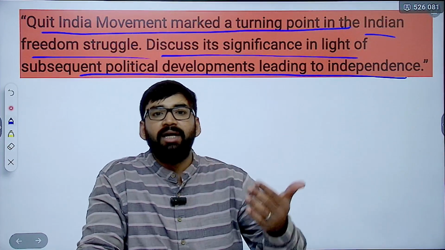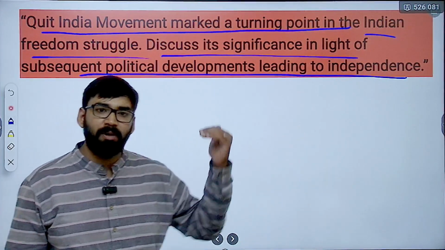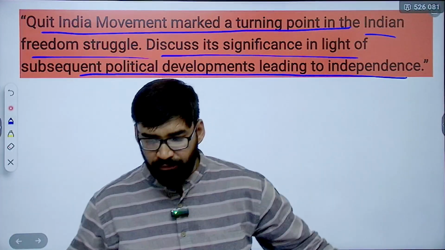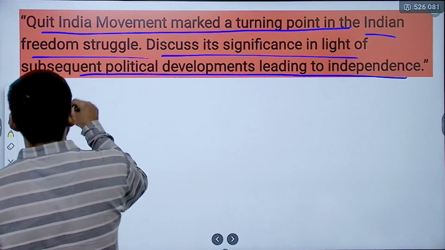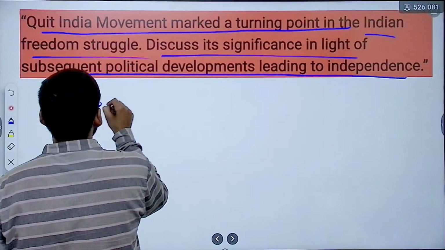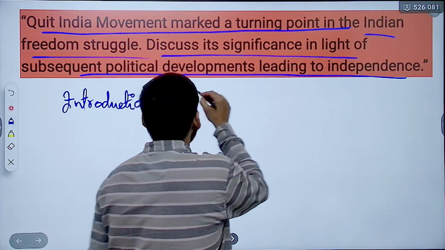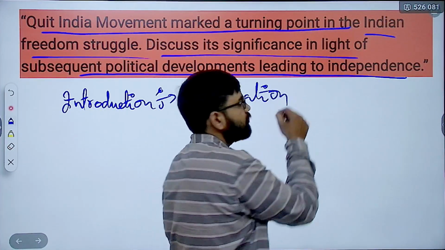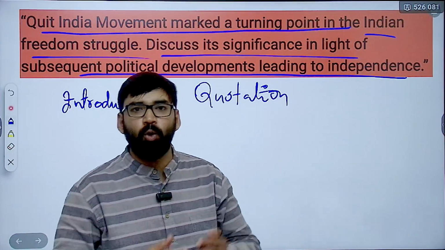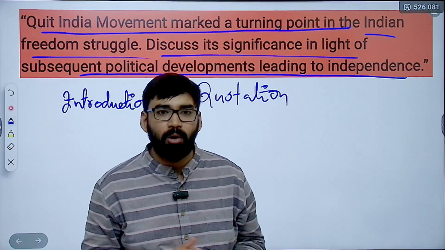So how will you write? It is very easy. We have discussed everything from Quit India till the freedom struggle. So first of all, you have to mention the introduction. What are you going to write in the introduction? You can start with a quotation. You have so many quotations for your best presentation. Quote Mahatma Gandhi or mention the Cripps offer in the backdrop.